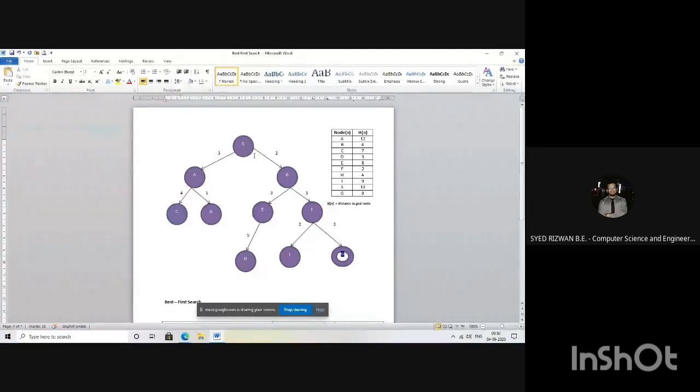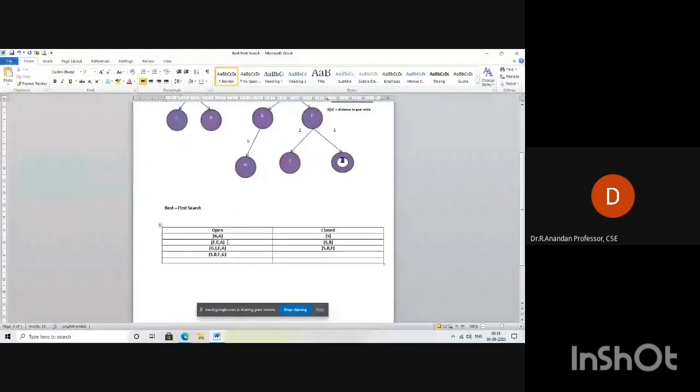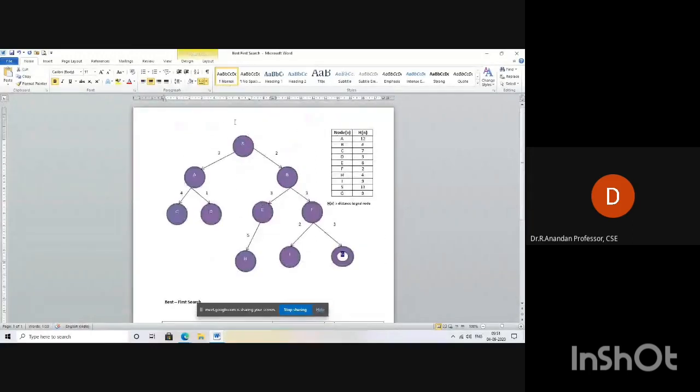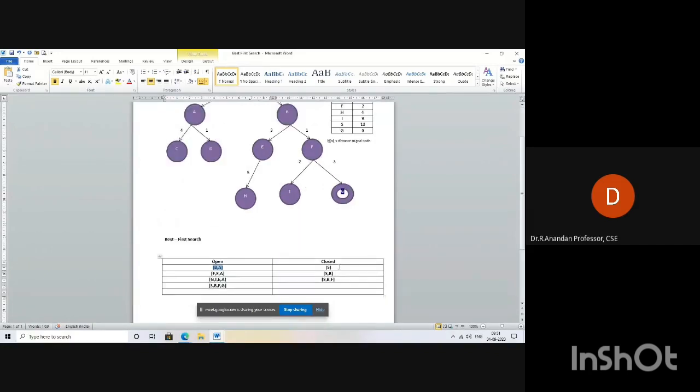Only two paths are there, A and B. After this, there is no path. It's correct. Yes, sir. So the path I wrote here, A, B, I already wrote. Is there any other path after this one? No, sir. So I am taking only the exploration node here. So I put here yes.